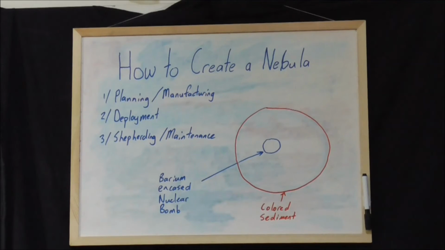Barium is the material that takes a while to create. So barium is created by particle collision. So don't give up on particle collision. Eventually you'll come across barium. Now barium is used to encase the nuclear bomb so that when it explodes there's no radioactive fallout or gamma radiation emission.